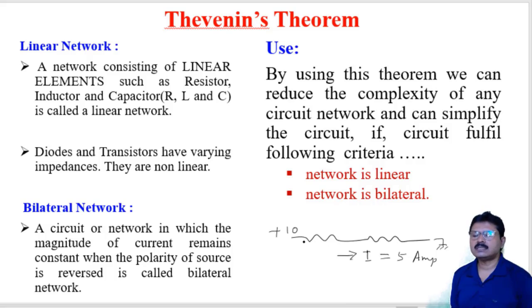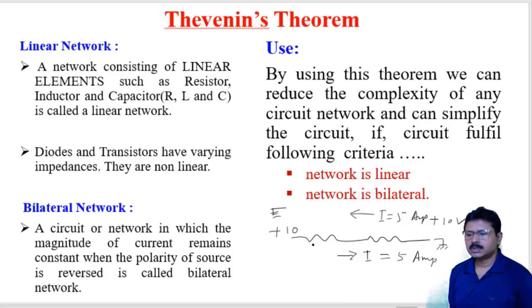Now if we change the polarity of the same network, meaning this terminal is grounded and this terminal is plus 10 volt, then the current flowing in this direction is again 5 ampere. If this happens, then this network is called a bilateral network.